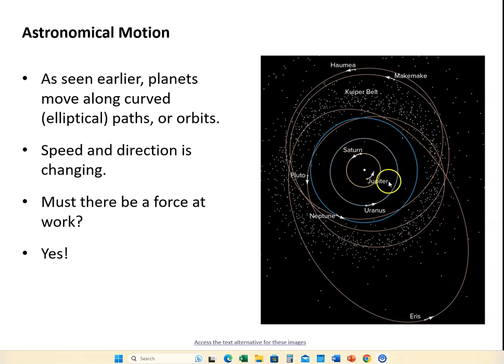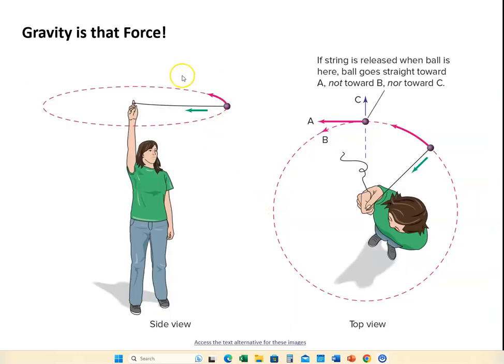They never imagined that gravity could influence anything beyond that. They just thought it was some local thing. So gravity is a force that causes the planets to constantly change direction. That's the other thing.